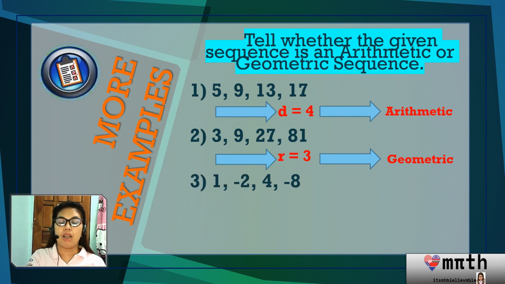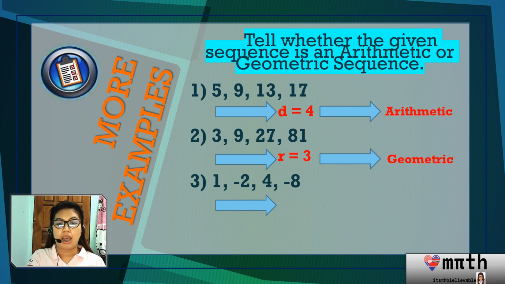For the third one: 1, negative 2, 4, negative 8. Let us observe the pattern. We can try dividing negative 8 by 4.